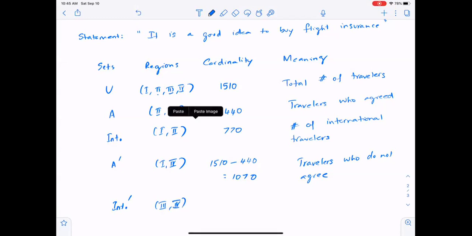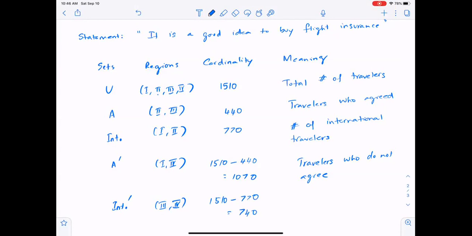Well, if 3 and 4 are in the complement, we have to exclude the counts of 1 and 2, which would simply correspond to 770. So 1510 minus 770, that would be 740.